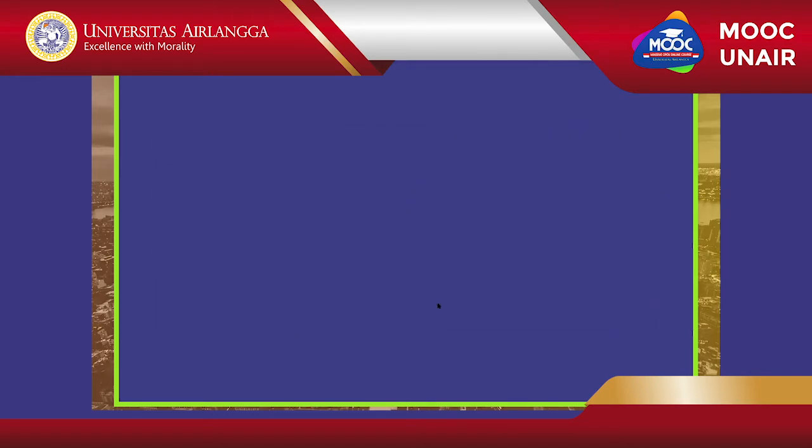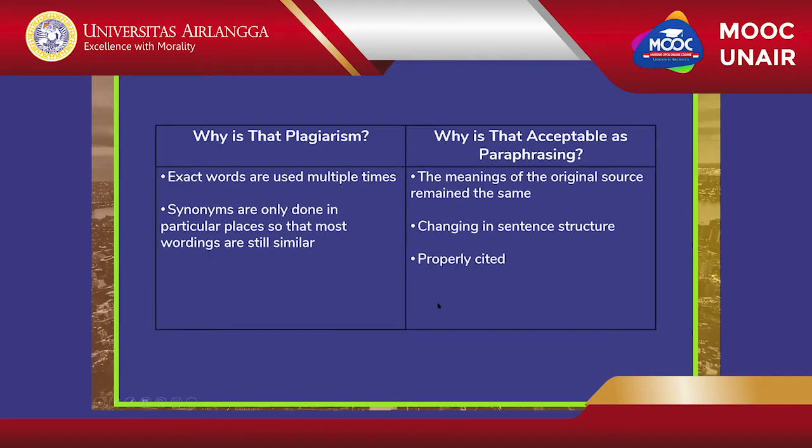Okay, so here are the answers. Before we begin though, if you need to see the text again, just rewind the video and take another look. So, first of all, why is one of the texts considered as plagiarism? Well, there are two clear reasons.